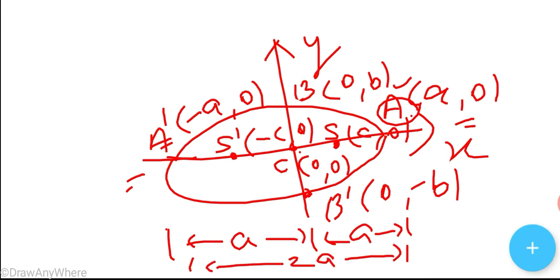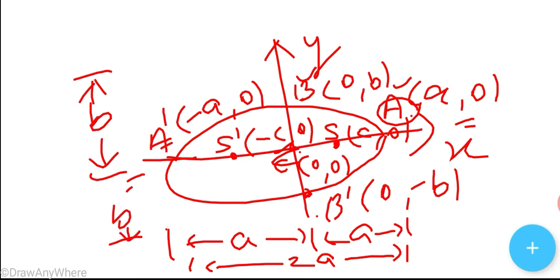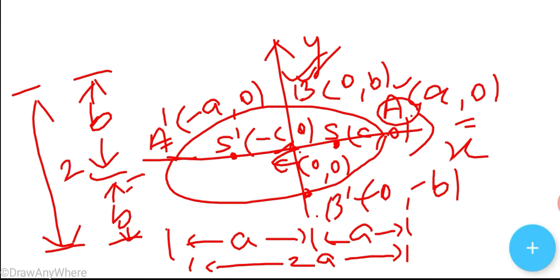The distance from the center C to B is b, and from the center to B dash is also b. So from B to B dash, the length is 2b.